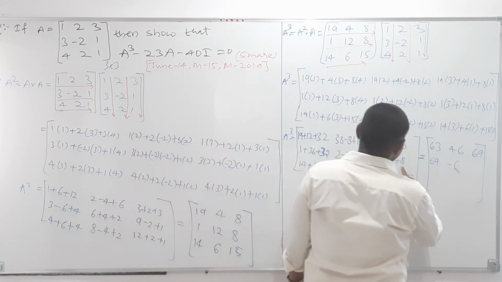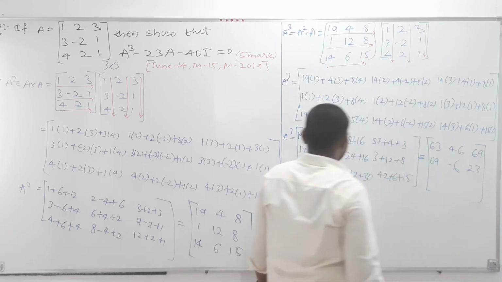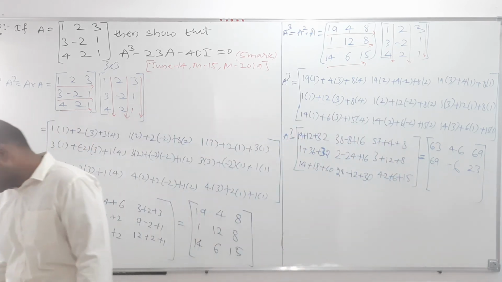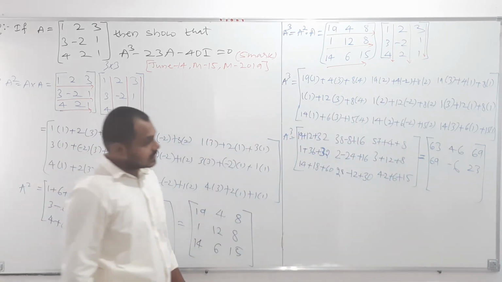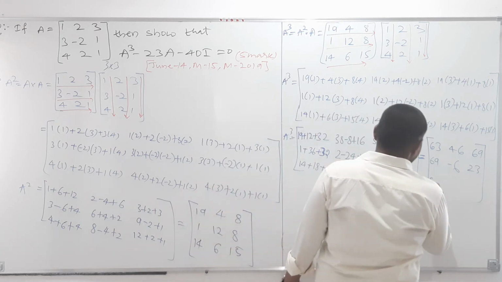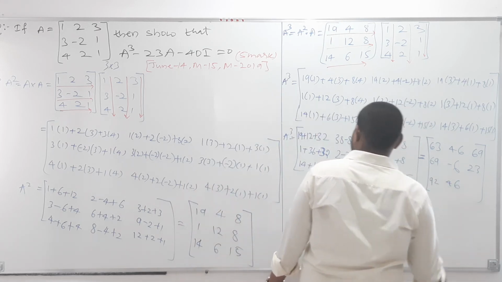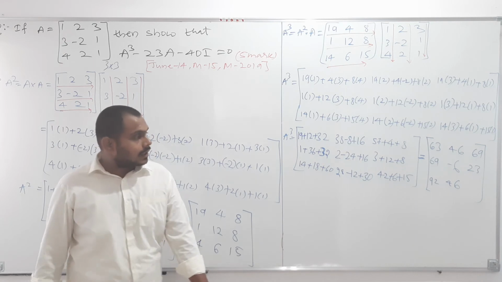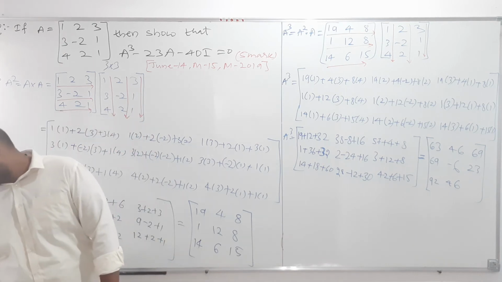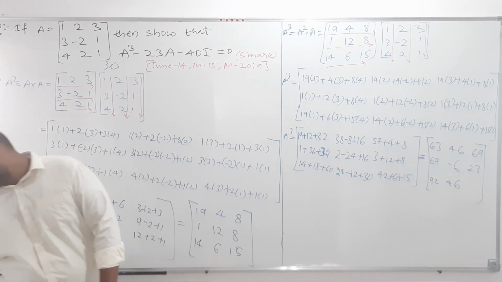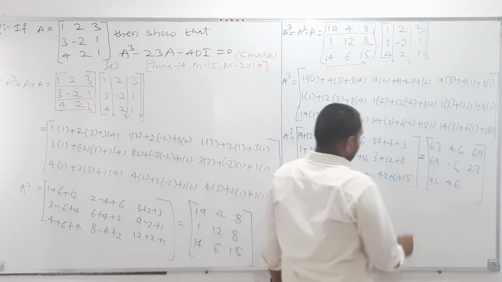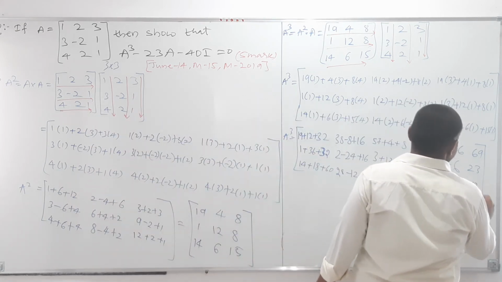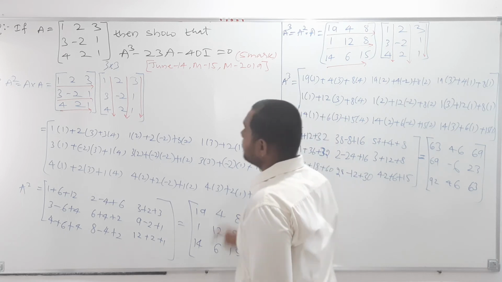So 12 plus 8 is 23. Am I right? So minus 6, 23, 92, 46. Next one is 63. So my dear students, this is your A cube value.